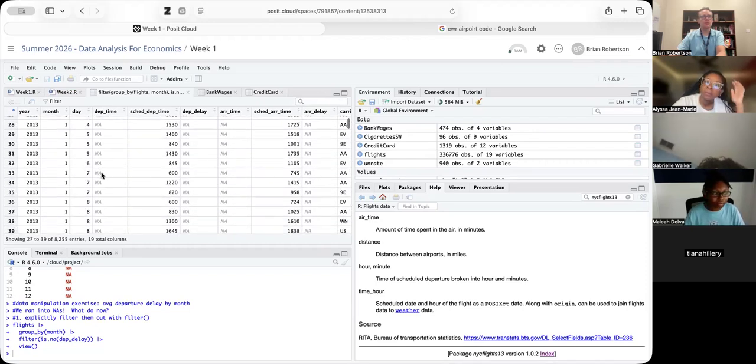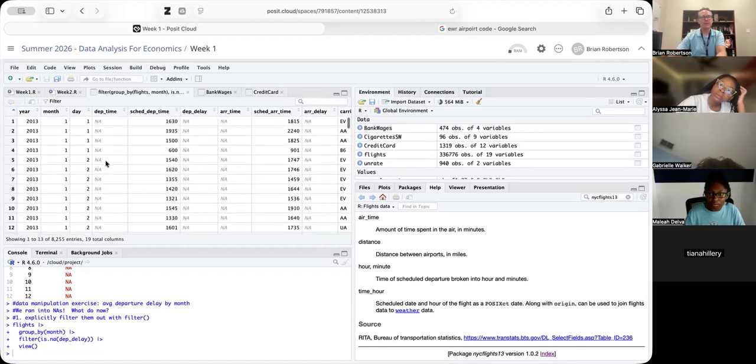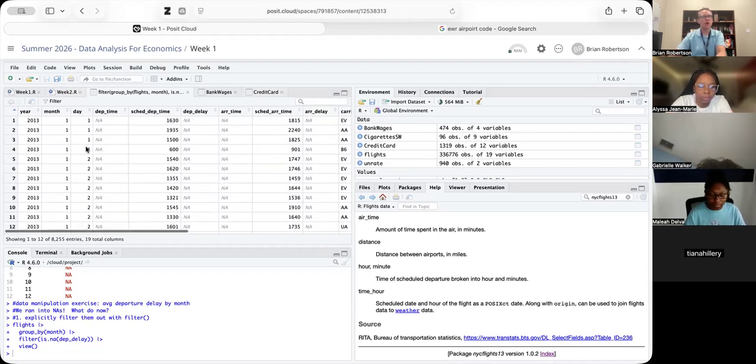So these are presumably flights that were canceled. They were scheduled to depart and they didn't depart. They were scheduled to arrive and they never arrived. I'm going to hope that these are just flights that got canceled for whatever reason. Could be a mechanical issue, weather related, could be any number of reasons. But these are flights that were canceled.